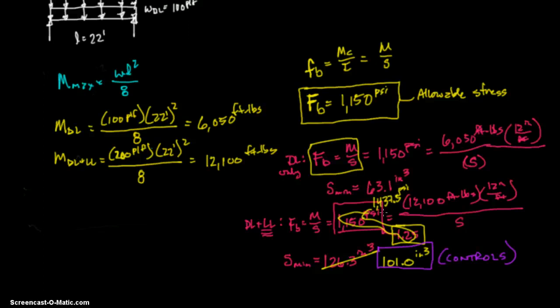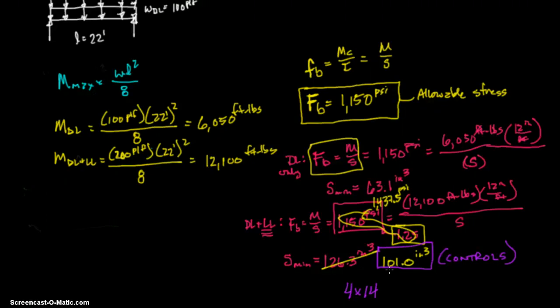And we have 101 inches to the third. We go down, 101, 102.4 is kind of right on the money. It's just slightly better, and that's a 4x14. A 4x14. So let's keep on going down and see if there's anything closer. 107.3.